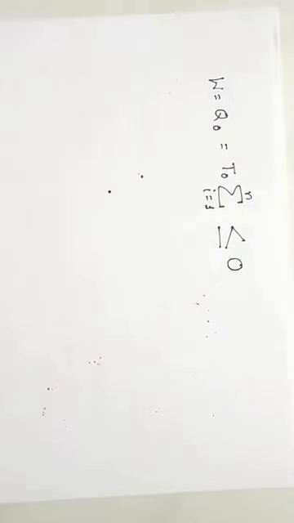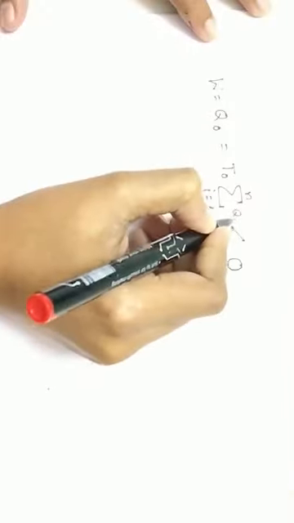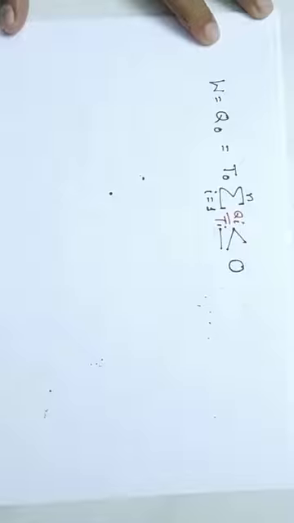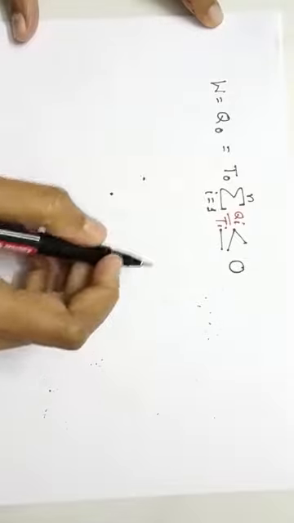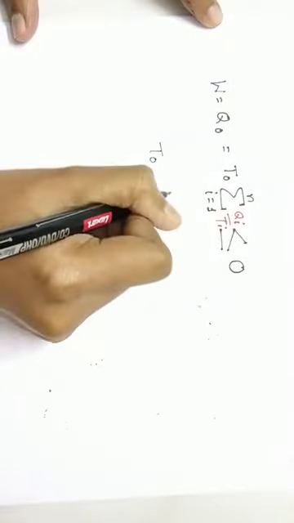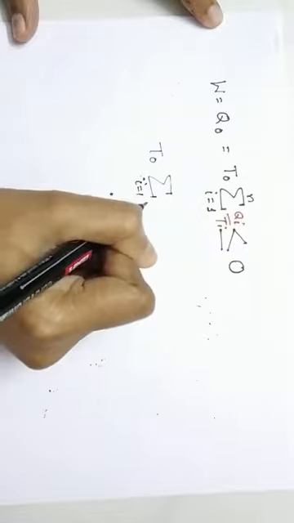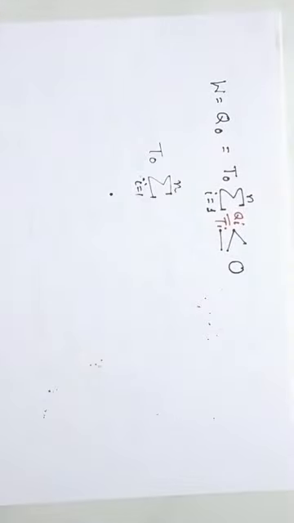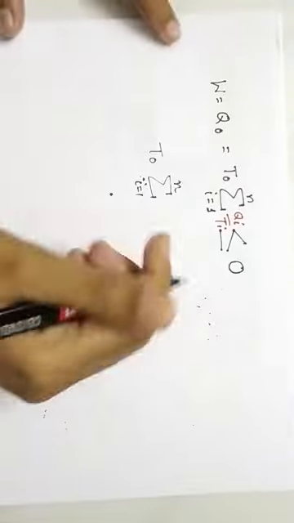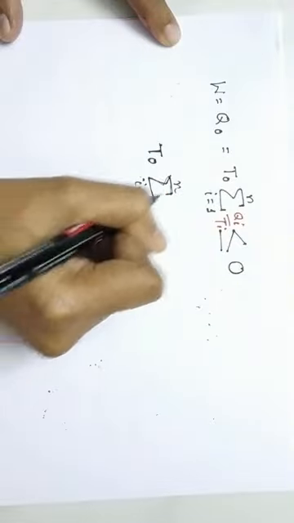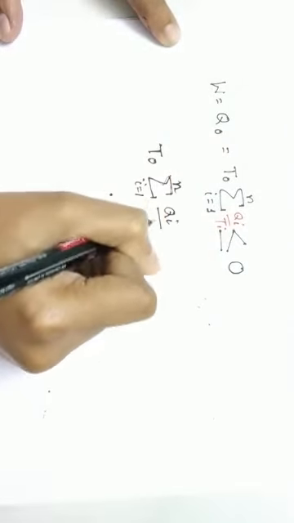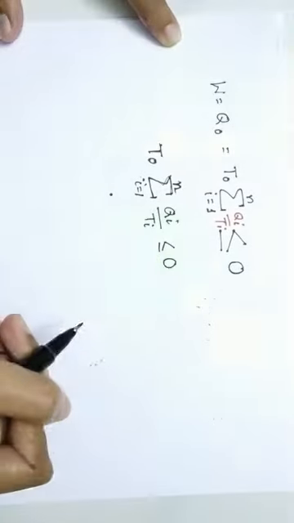So W equals Q0 is only possible if it is either equal to 0 or less than 0. Sorry, I have not written here Qi by Ti. So it is only possible if this term is less than or equal to 0. Therefore, we have T0 times the summation over i equals 1 to n of Qi by Ti less than or equal to 0.